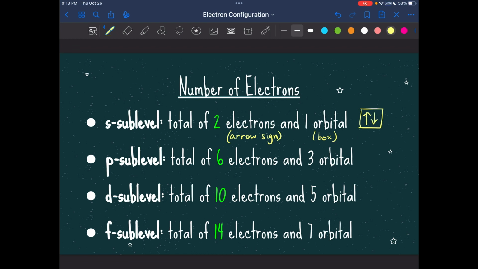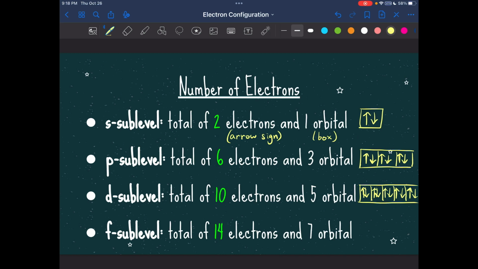The P sublevel has 3 boxes and contains 1, 2, 3, 4, 5, 6 arrow signs. And then for the D, if I have enough room, we have 1, 2, 3, 4, 5, 6, 7, 8, 9, and 10.